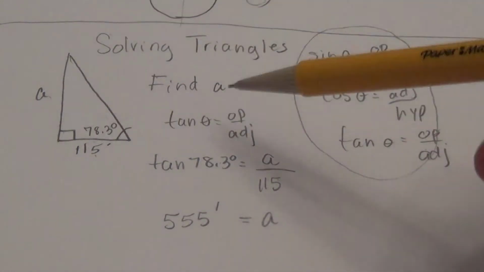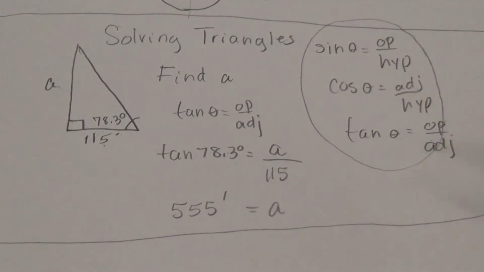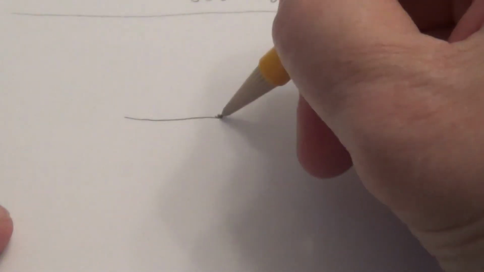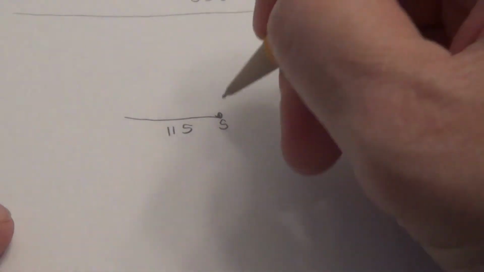You are going to solve triangles like that, but they're not going to look like this. They're going to say something like this, and we'll pull that down in a minute. We're going to say a surveyor stands 115 feet, here's the surveyor, stands 115 feet from the base of the Washington Monument.